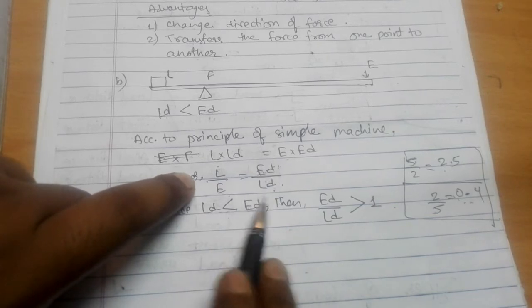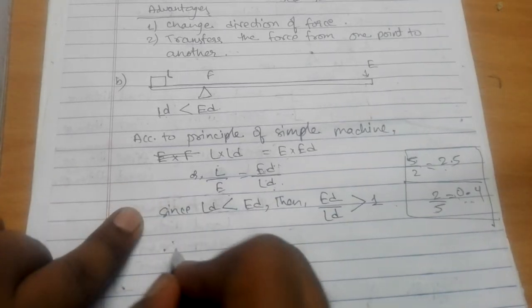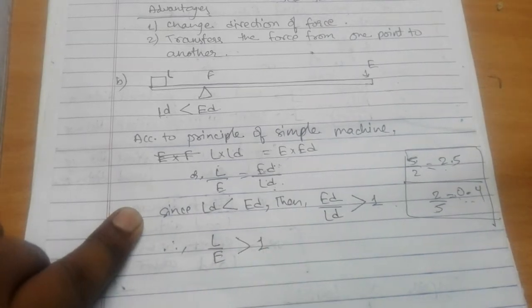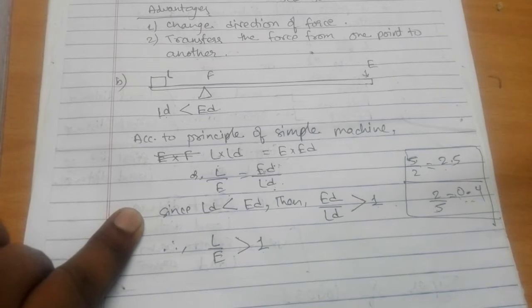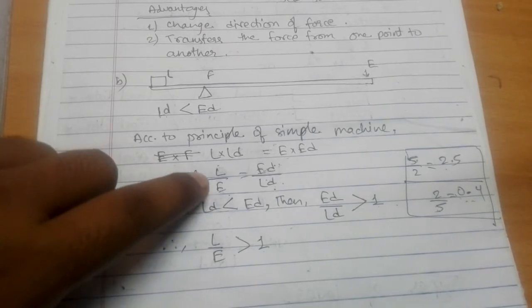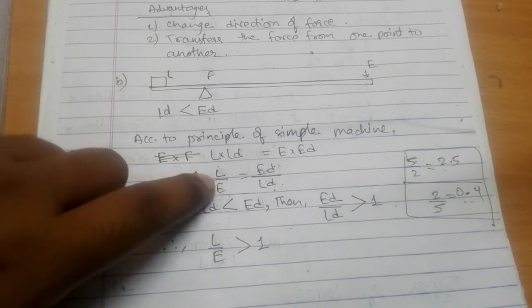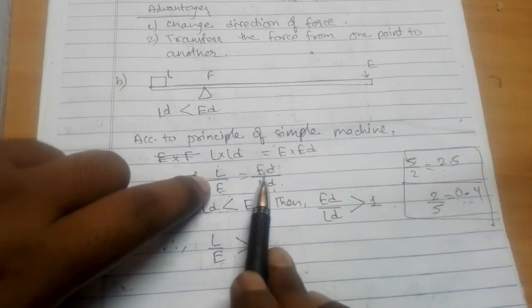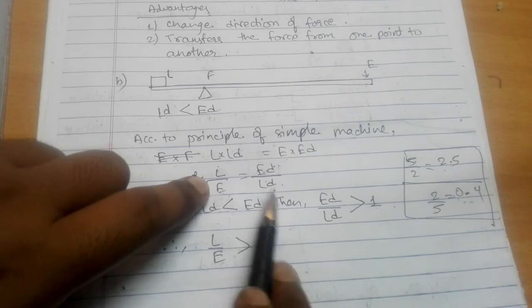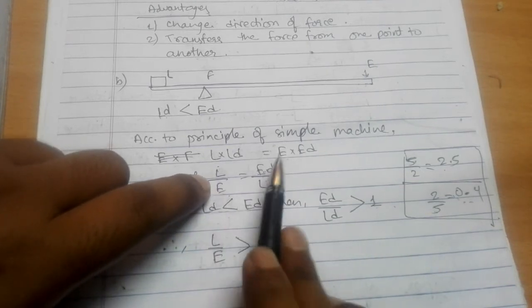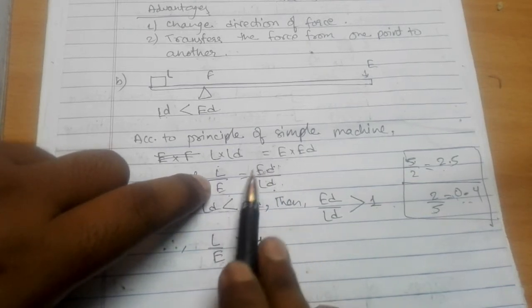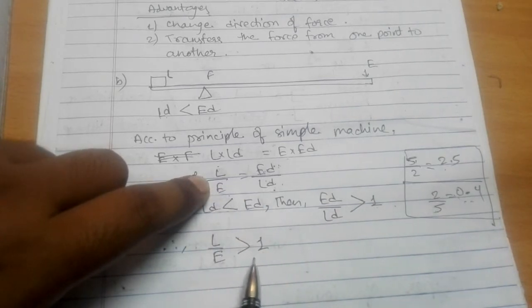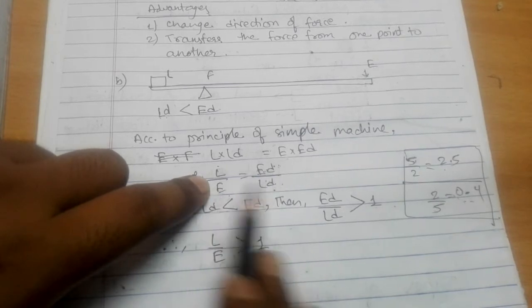So in this case, L by E is equal to ED by LD. If ED by LD is greater than 1, it implies that L by E must also be greater than 1. See, this is a simple chain. L by E is equal to ED by LD, and if ED by LD is greater than 1, then L by E must also be greater than 1 because they have the same value.